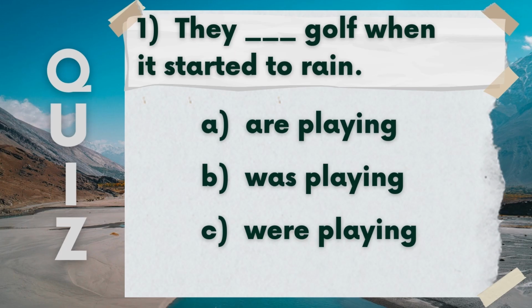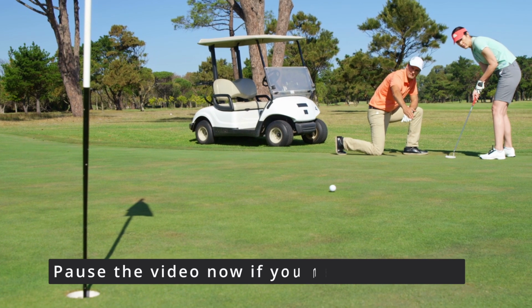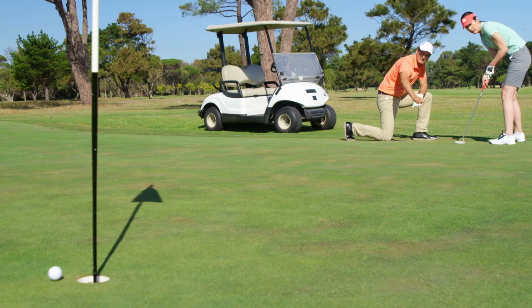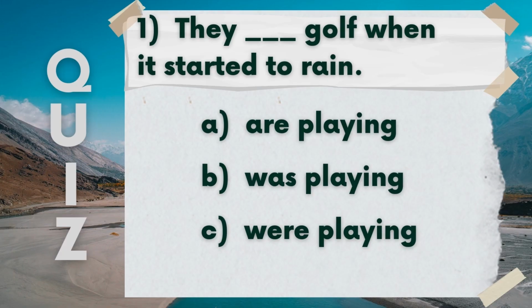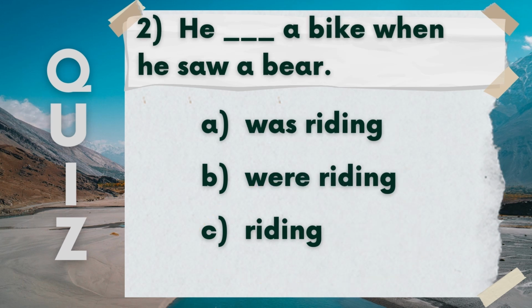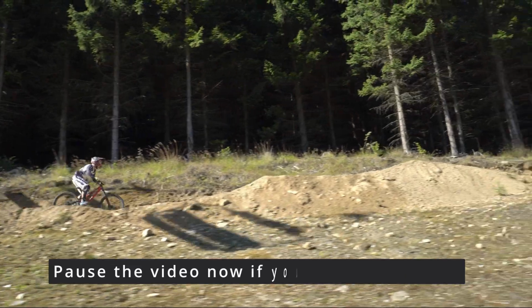Let's check our understanding. Question 1. They, blank, golf when it started to rain. A. Are playing. B. Was playing. C. Were playing. If you said C, were playing, you are correct. Question 2. He, blank, a bike when he saw a bear. A. Was riding. B. Were riding.